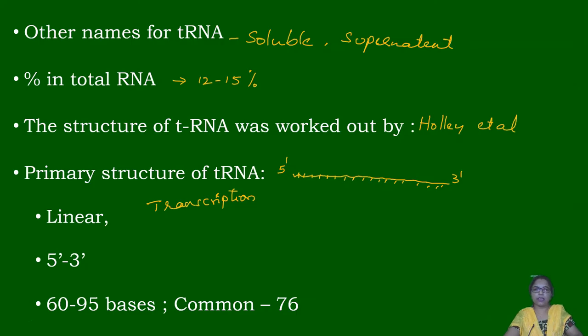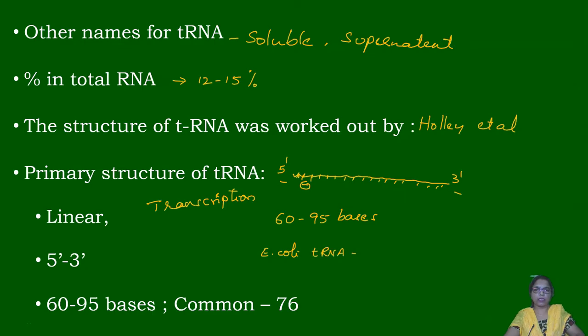In this linear structure, there are a number of nucleotides one after another which are linked by phosphodiester bonds. This is from 5' to 3' direction, and there are a limited number of bases here. Usually 60 to 95 bases are present in the structure of tRNA, and most commonly we take the model organism E. coli tRNA.